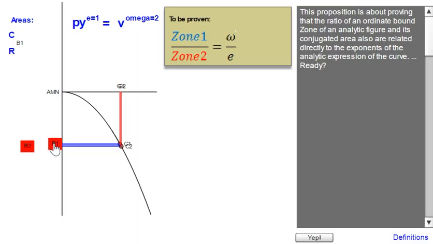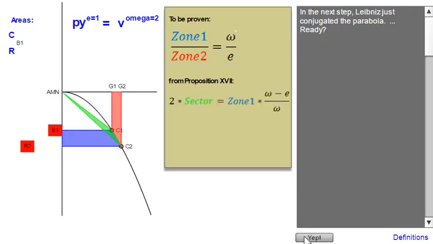entities. And for the proof of this particular relationship, Leibniz did the following, and we're going to go through these steps now. The proof is actually done again via an intermediary. And like in many of the propositions before, the sector area becomes here the intermediary again.